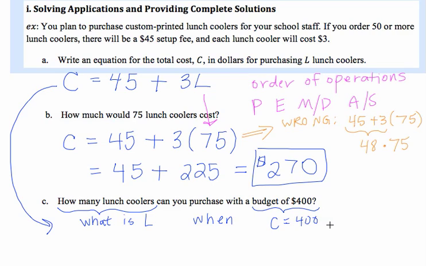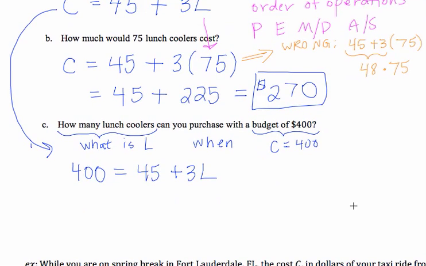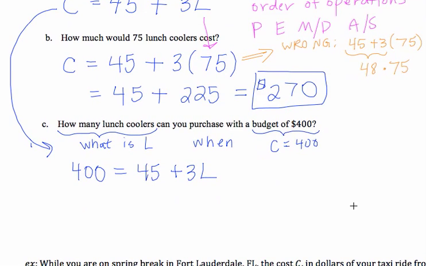So let's plug in $400 for this C right there. Okay, so we'll have 400 equals 45 plus 3L. And that is a linear equation. Okay, yay, you've probably seen these before. We are trying to figure out L, that is the number of lunch coolers. So we want to solve this equation.